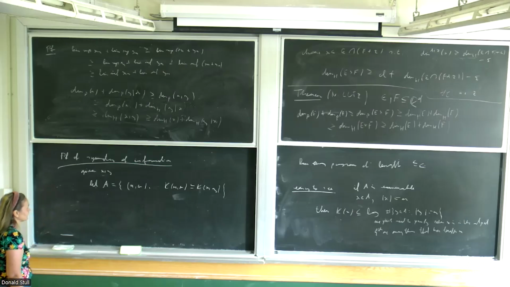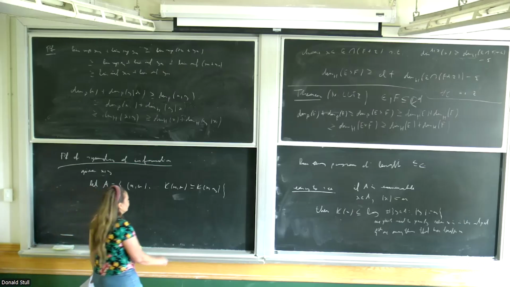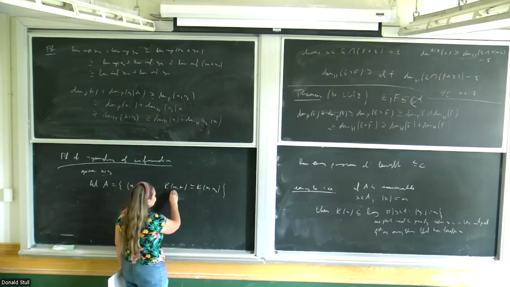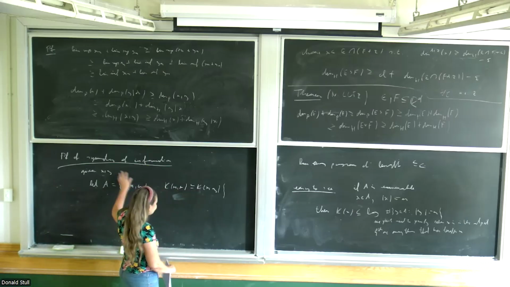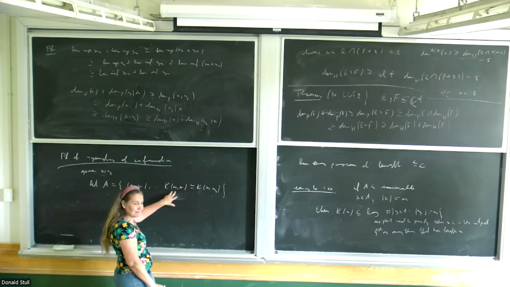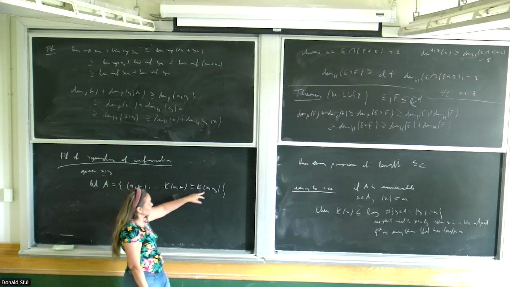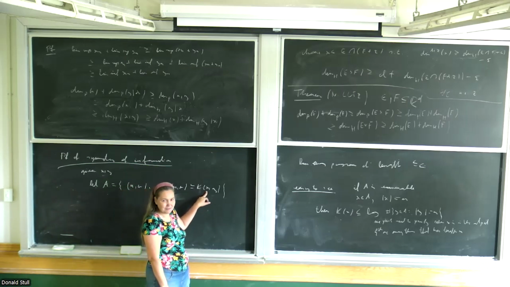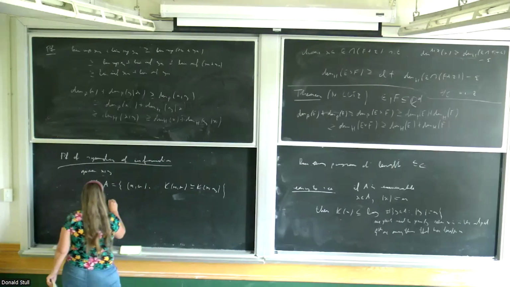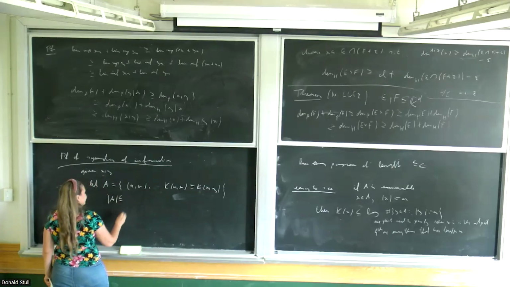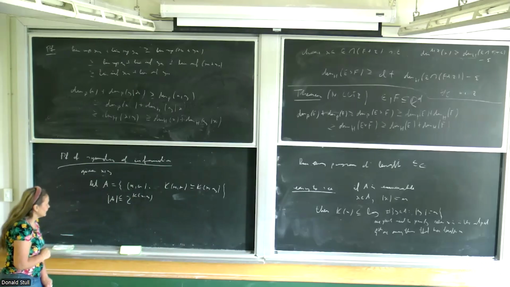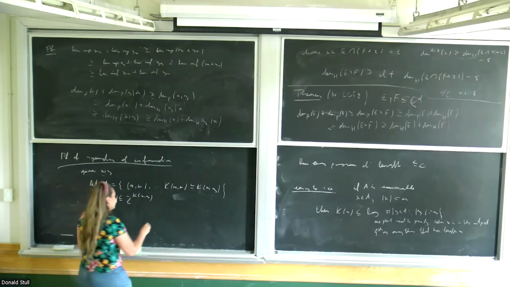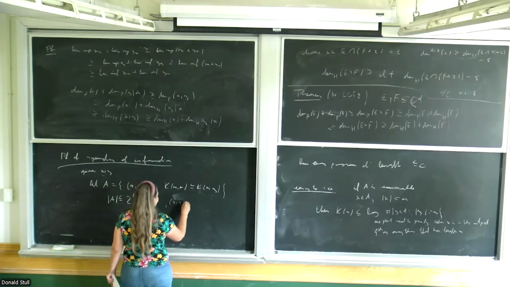So how large is this set? This is my enumerable set; x and y are fixed, and I'm looking at everything bounded by this. But how many programs do I have of this length? At most 2 to the K(x,y). So trivially, the size of A is bounded by 2 to the K(x,y). Another trivial fact is that (x,y) is in A.